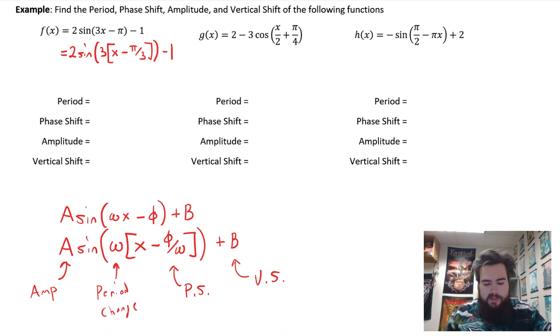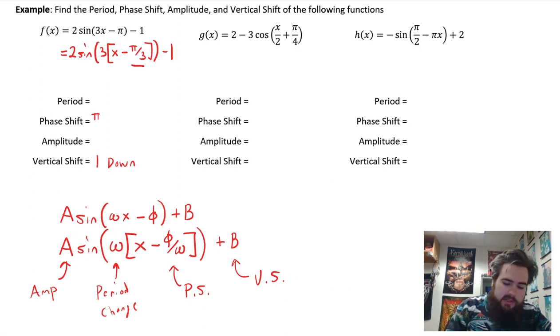For example, the vertical shift and the phase shift are pretty direct. In this case, the vertical shift I have is a minus 1, so I will say my vertical shift is 1 down. My phase shift I have as pi over 3, and this means that my phase shift is pi over 3 to the right.